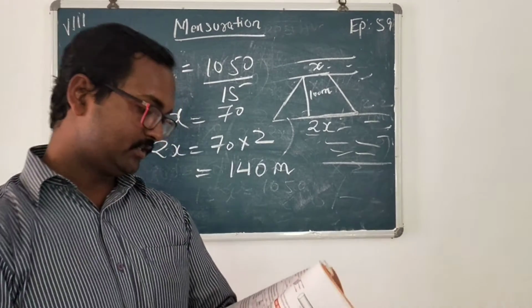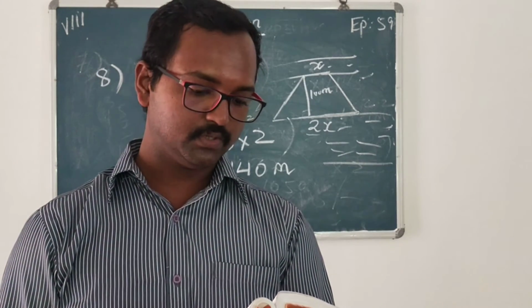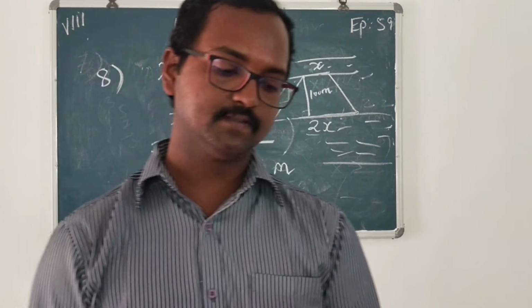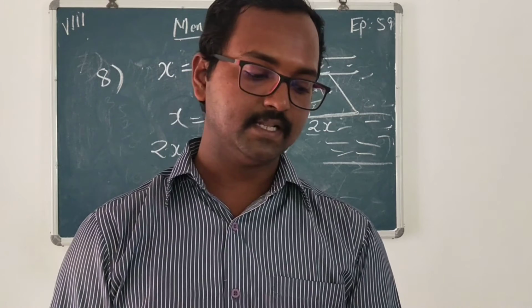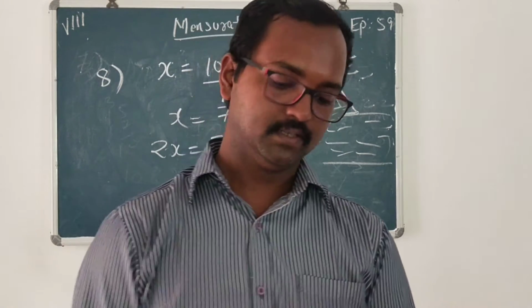Okay, students. Now let me discuss question number 2 also. In question number 2, the area of the trapezium is 34 centimeter square. Area is already given. Length of one of the parallel sides is 10 and the height is 4. Find the length of the other parallel side.